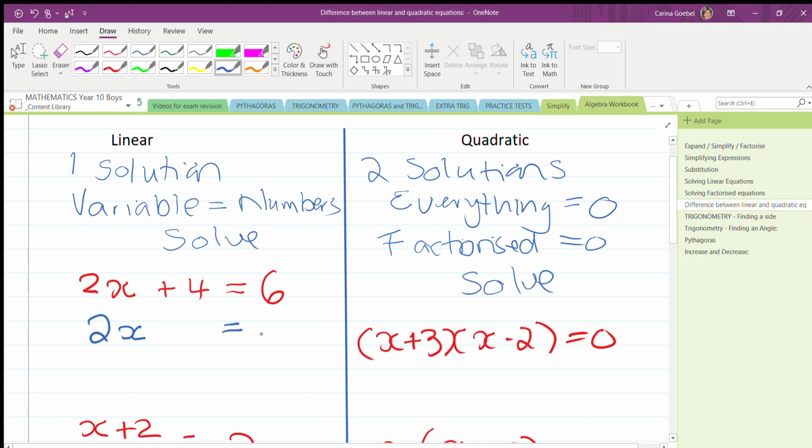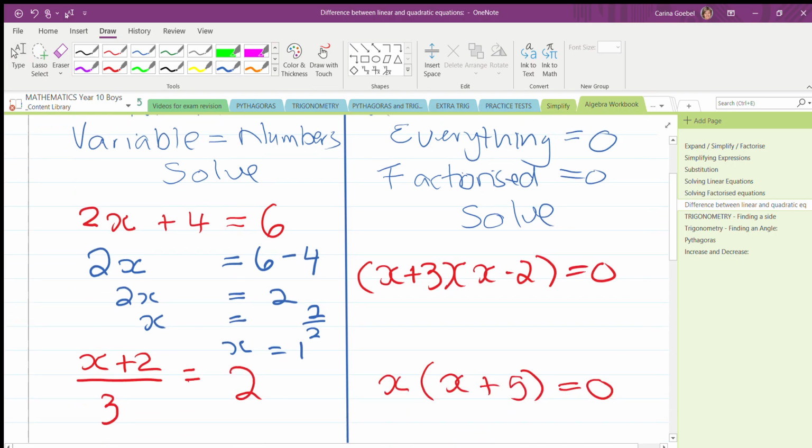You will then move your 4 across, which becomes minus 4. You end up with 2x equal to 2. You would then divide by the 2, so x is going to be equal to 2 divided by 2, which equals 1. So the solution of x is 1.